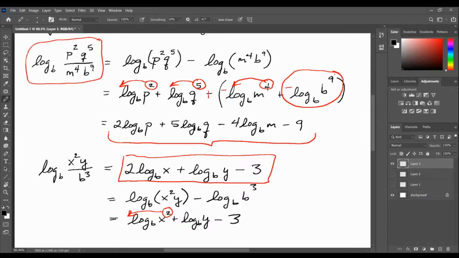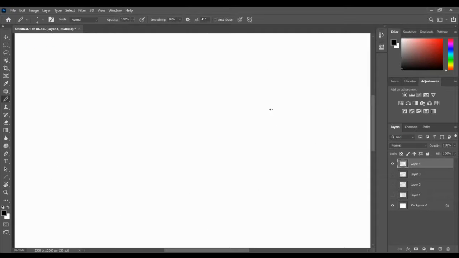All right. Let's get to a different type of problem. This one says, express as a single logarithm and if possible simplify. How about log of 0.01 plus log of 1,000?